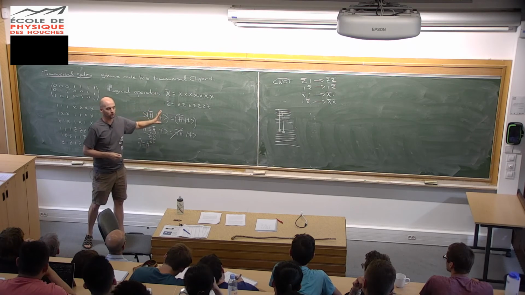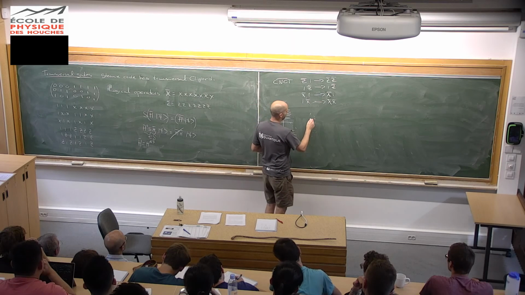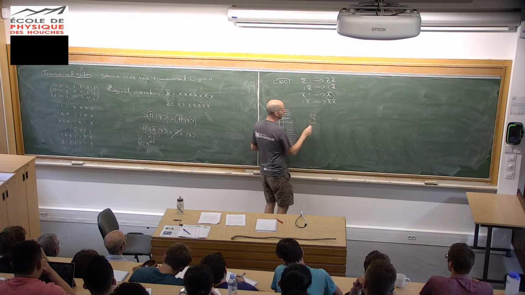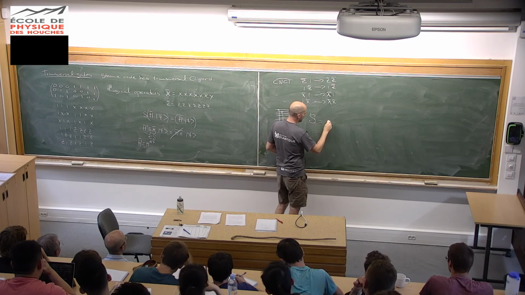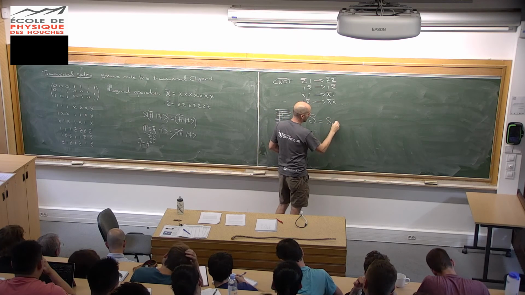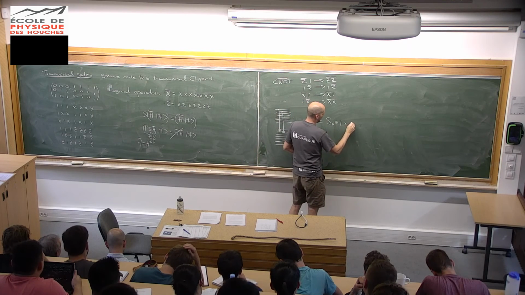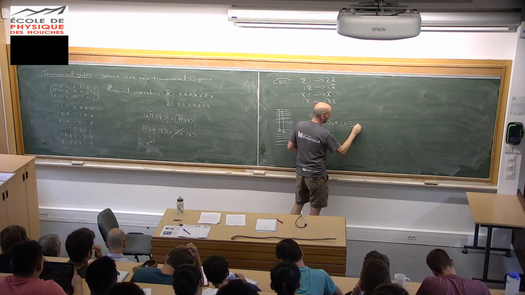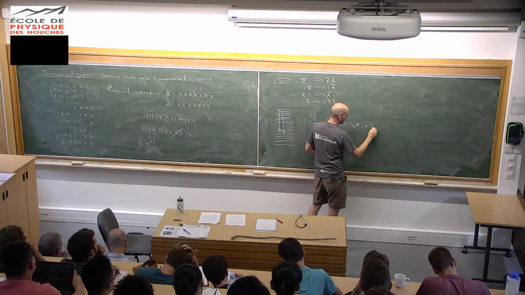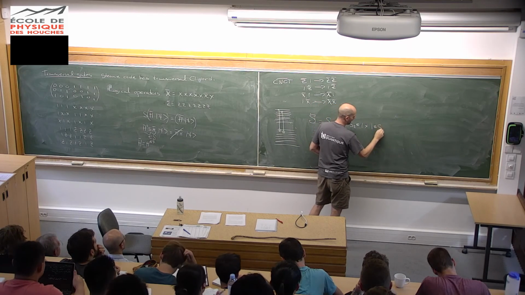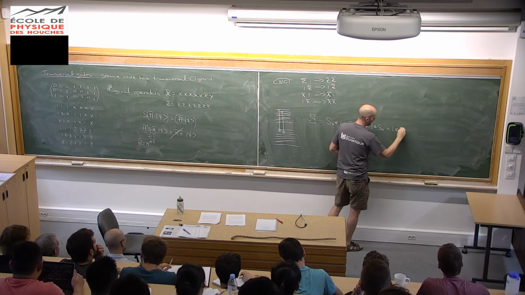It's going to have the right action. What about the stabilizer? Okay? So the stabilizer of these two things, I can write this way. It's Sx tensor I times Sz tensor I times I tensor Sx times I tensor Sz.